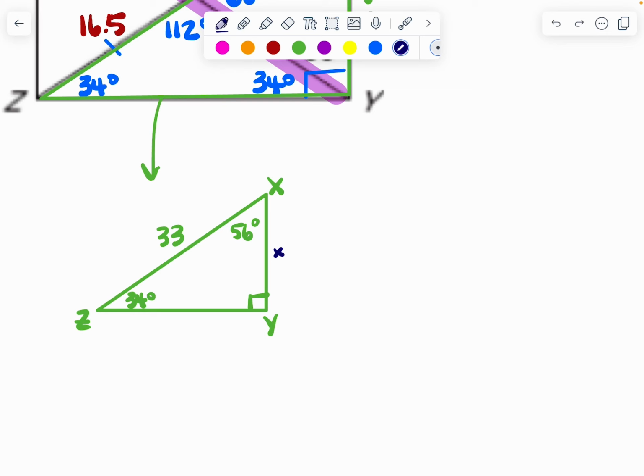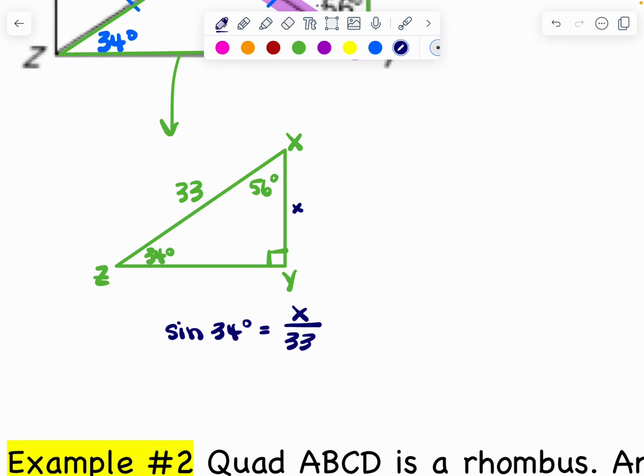And so let's see, depending on which angle I choose, I'm going to use the 34-degree angle. So that would make x the opposite and 33 the hypotenuse. So I'm going to use sine. So the sine of 34 equals opposite over hypotenuse. If you want to use the 56-degree angle, that's cool, but you would just use cosine since x would be the adjacent to him. You'd get the same answer.